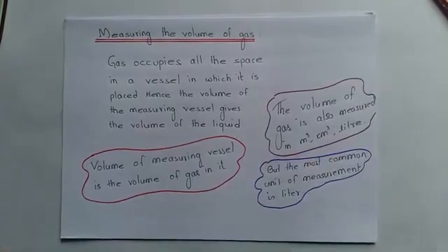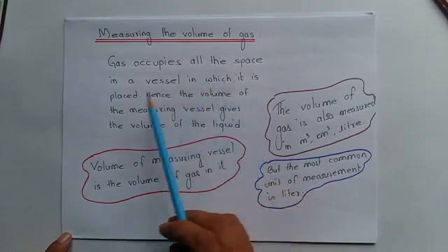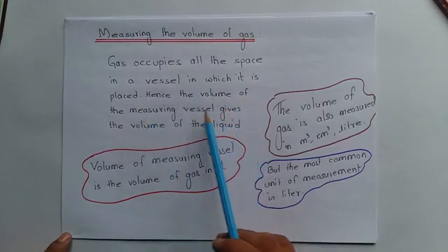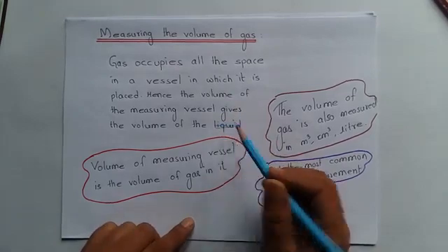Now let's see how the volume of gas is measured. Gas occupies all the space in a vessel in which it is placed. Hence, the volume of the measuring vessel gives the volume of the liquid. Oh sorry, this is not liquid. This should be gas.